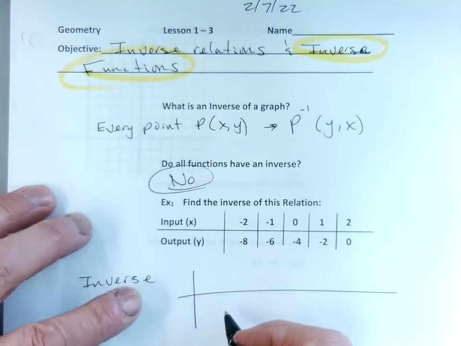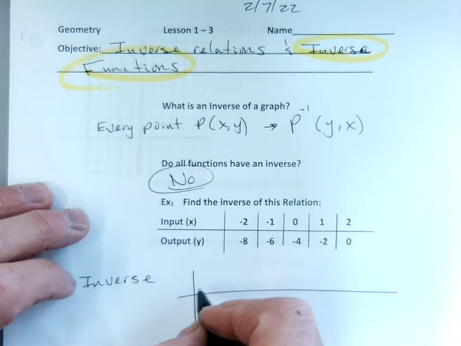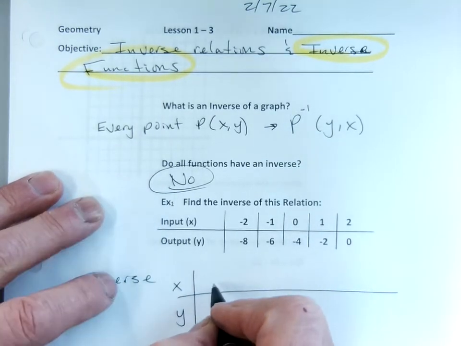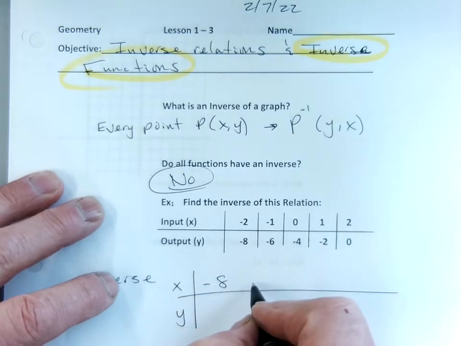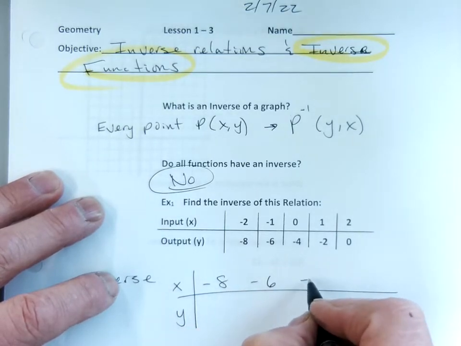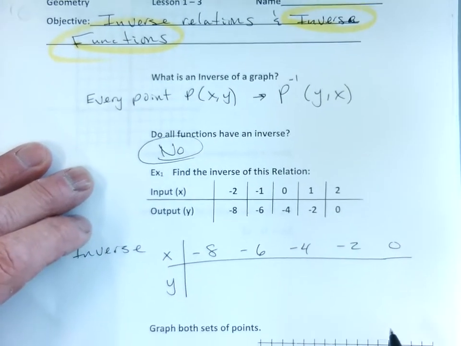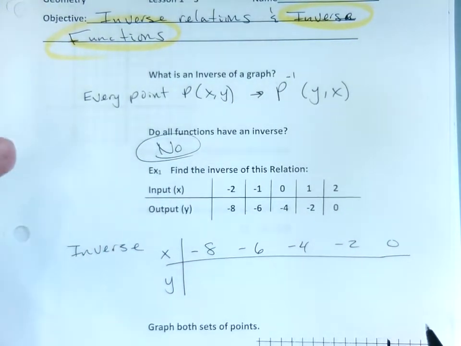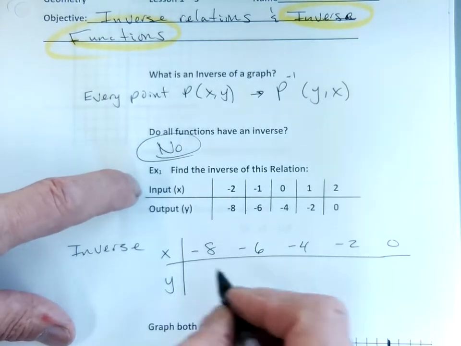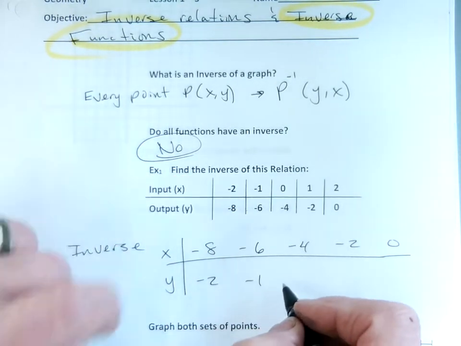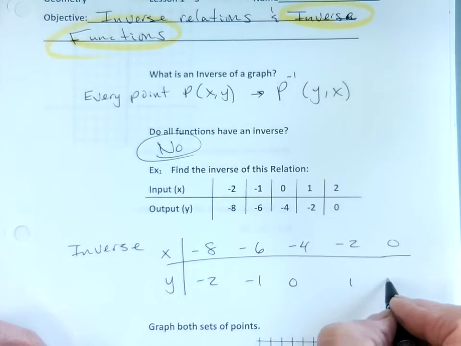We're going to switch them, and my new x's would be negative 8, negative 6, negative 4, negative 2, and 0. And my new y's would be the x's: negative 2, negative 1, 0, 1, and 2, okay?